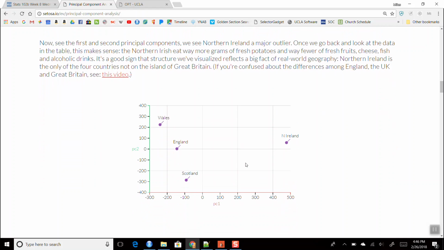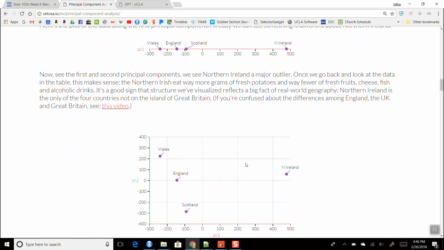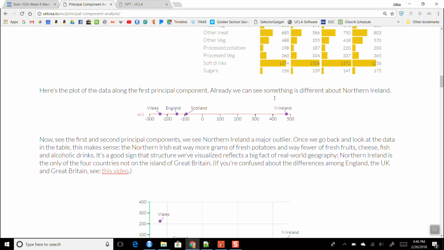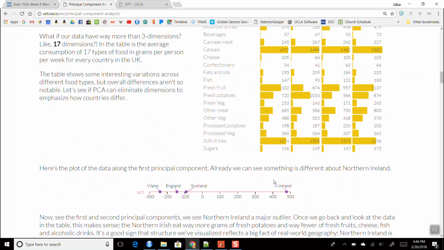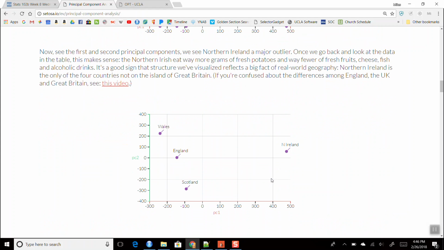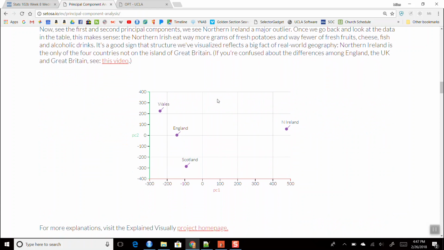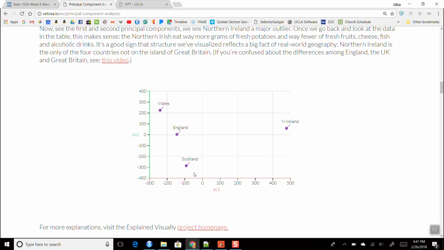We can look at the first 2 principal components. You can see principal component 1 is where everything gets put onto this axis. We've reduced our 17 dimensions down to 2 dimensions, if we decide to keep 2 dimensions out of the 17. We're basically casting a shadow in such a way to do this.